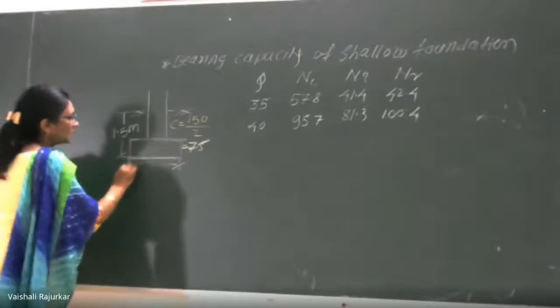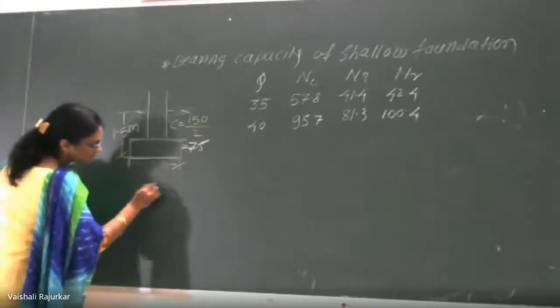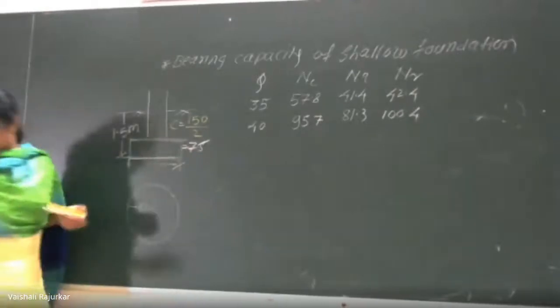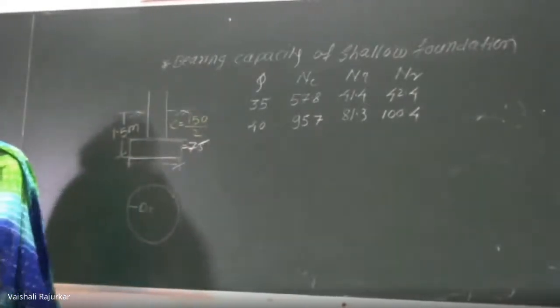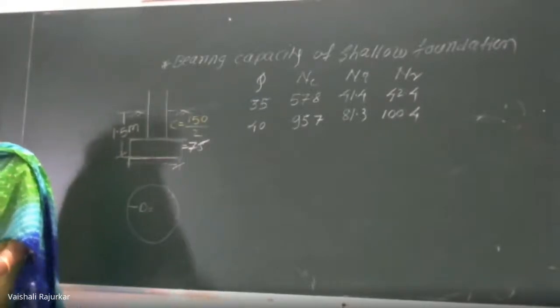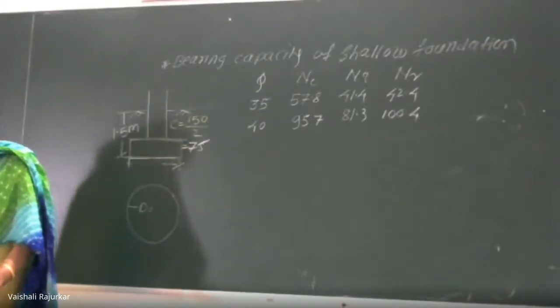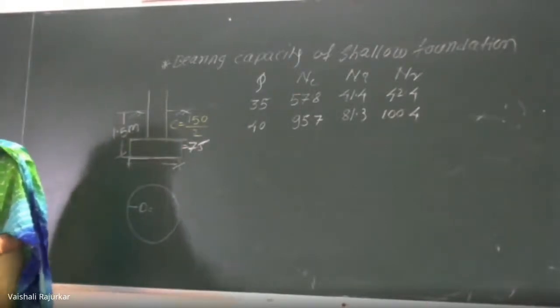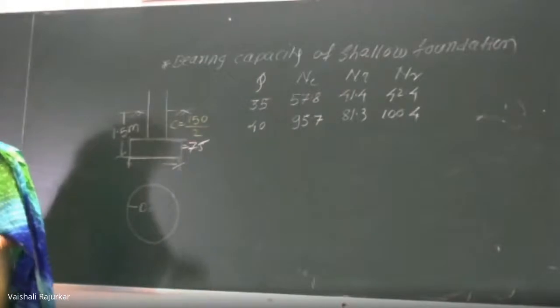But here, this is a circular footing of diameter given as 1 meter. The diameter of the circular footing is given as 1 meter.